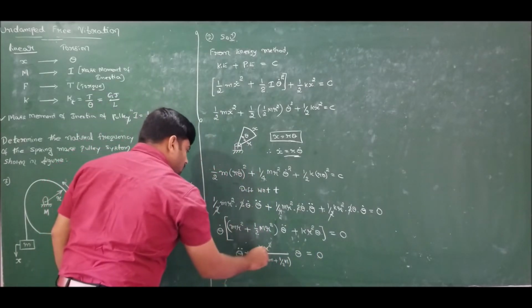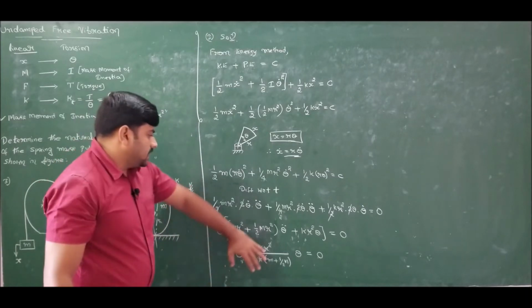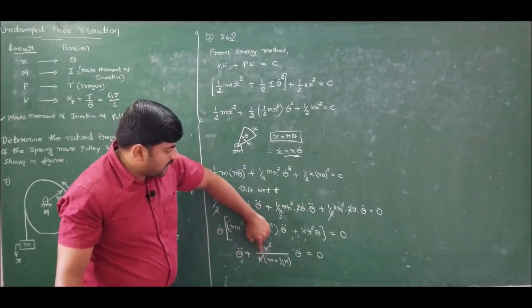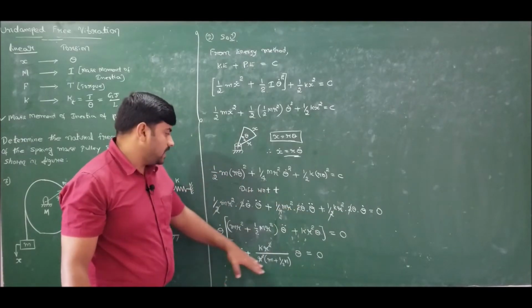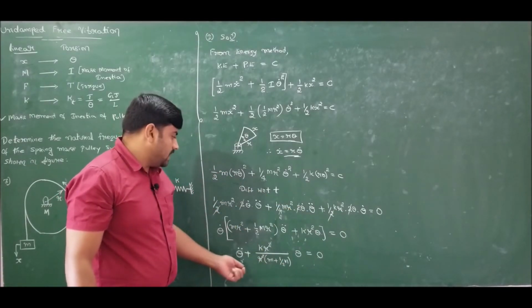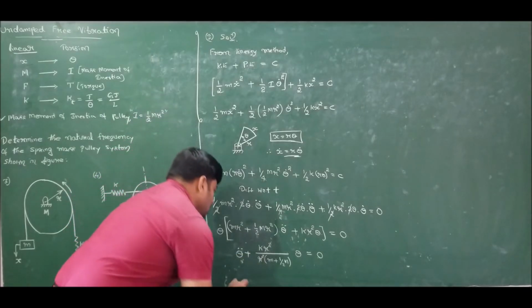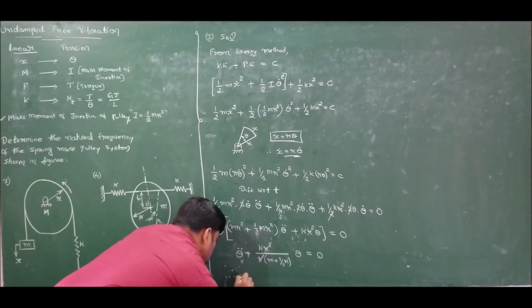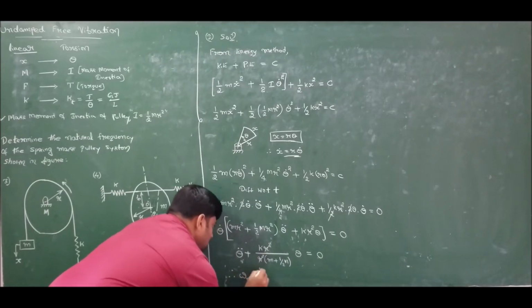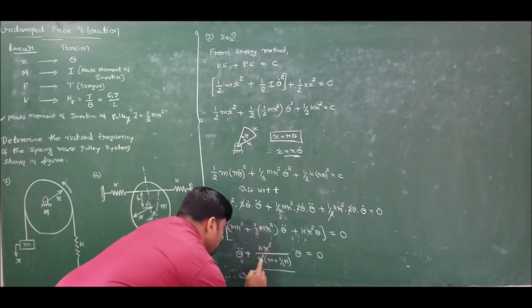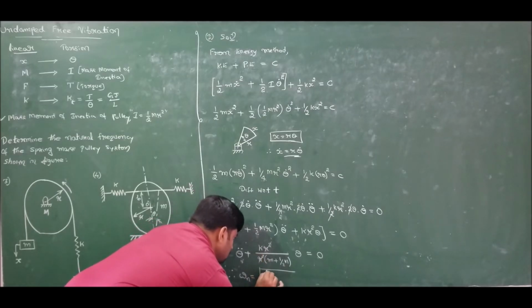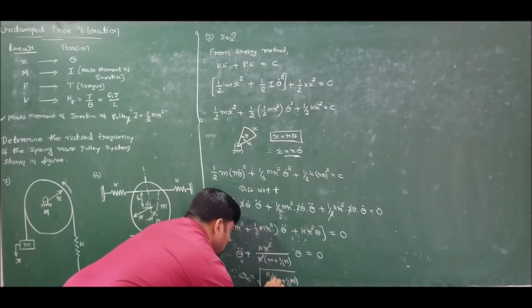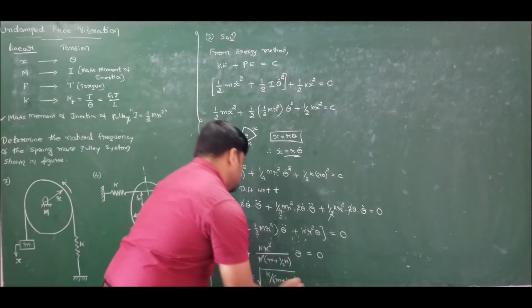Now I can cancel off r square and r square, and this is in the standard form, x double dot plus omega n square x is equal to 0. Now comparing this with the standard form, the natural frequency omega n is equal to root of k divided by m plus half capital M, radians per second.